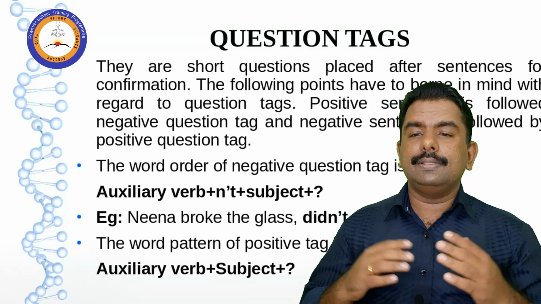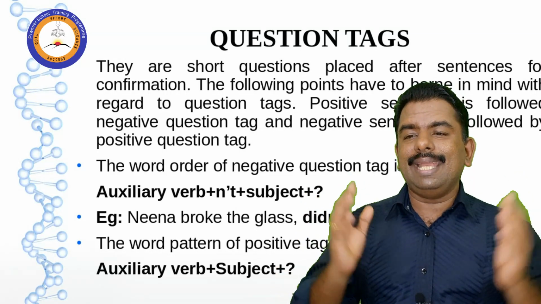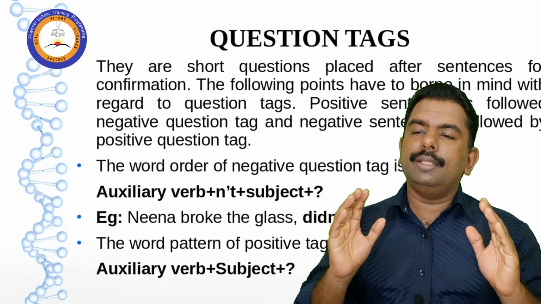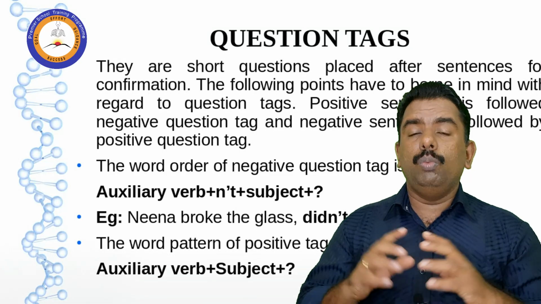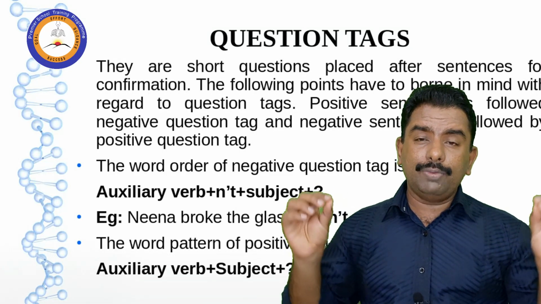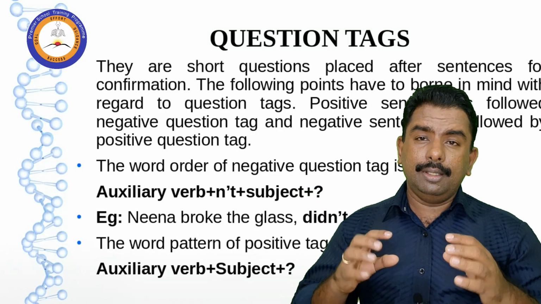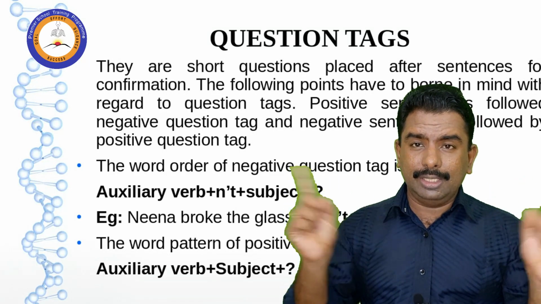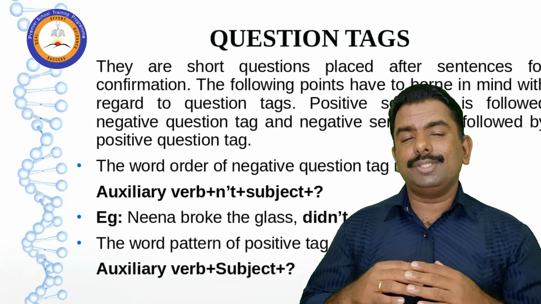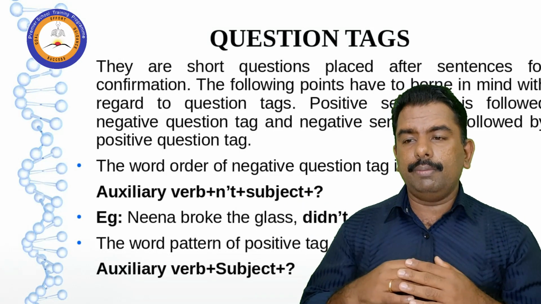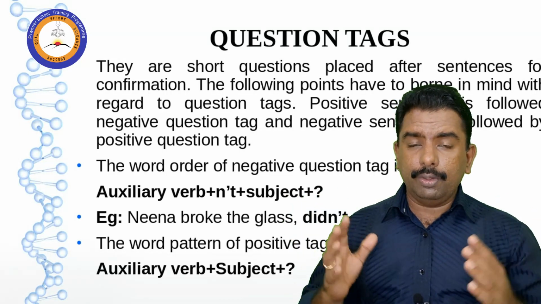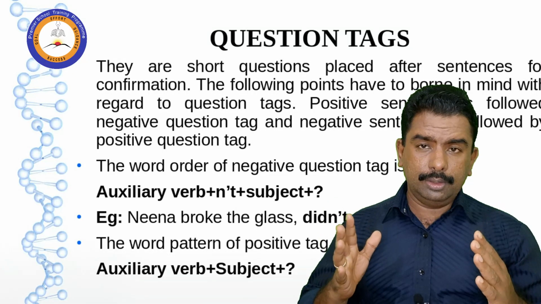A positive sentence is followed by a negative question tag, and a negative sentence is followed by a positive question tag. When we are going to make a question tag, we have to keep in mind the negative and positive sentences in English. The word order of a negative question tag, you have to bear in mind, is auxiliary verb plus not.